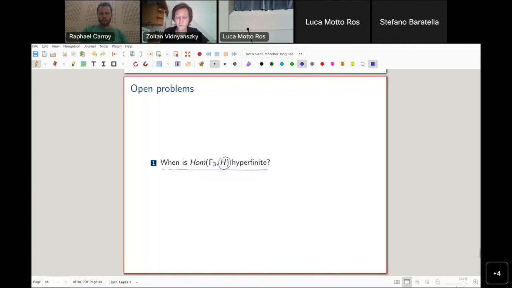It's far from clear, and it's not apparent how you can generalize Marks' method. Marks' method works for colorings, but for hyperfiniteness it's absolutely not clear. And the other question, which is very much related, is that if you replace here H, you can have large graphs.